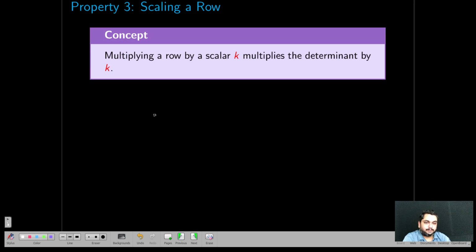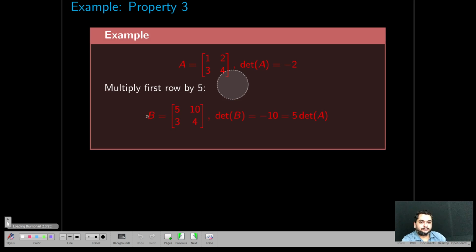Multiplying a row by a scalar k multiplies the determinant by k. For example, A is equal to 1, 2, 3, 4 and the determinant we already calculated is minus 2. Now multiply the first row by 5. I get a new matrix B equal to 5 into 1, 5 into 2, that is 5, 10, 3, 4.